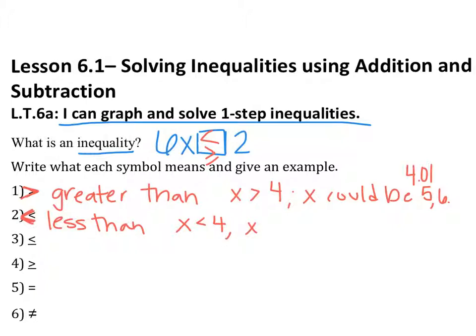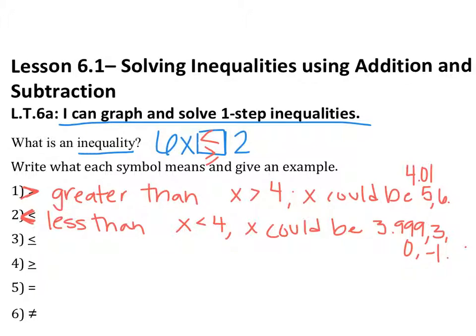Well, there's going to be a lot of them. Could x be 4? No, but it could be 3.999. It could be 3. It could be 0. It could be -1. There's a bunch of numbers that it could be.